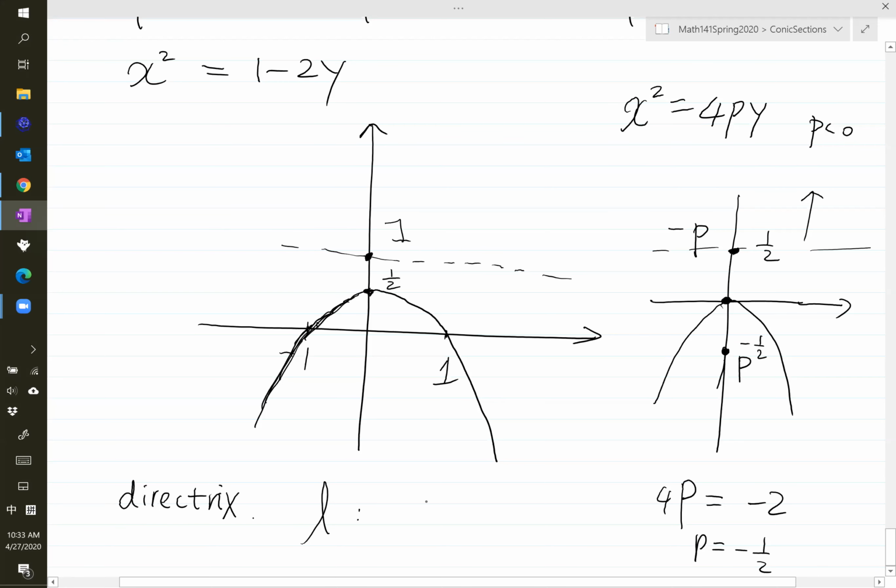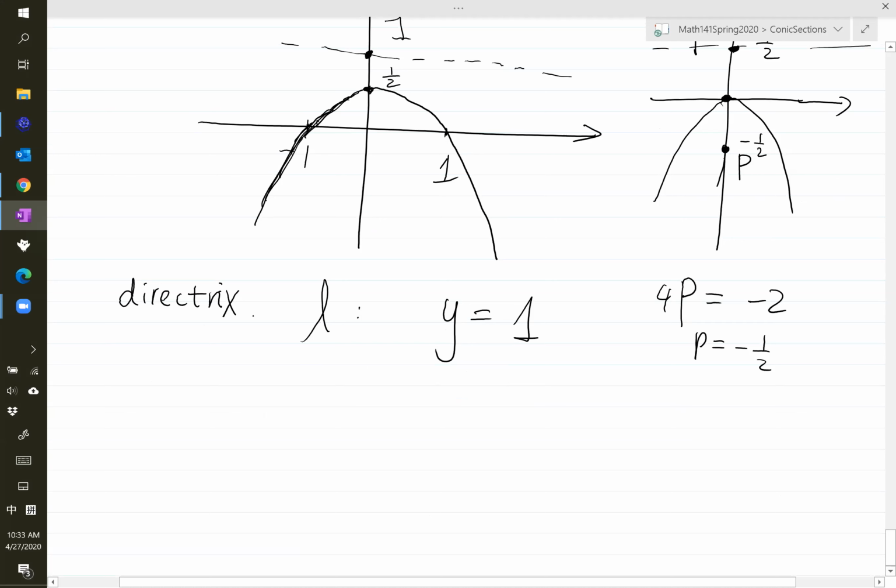The directrix has equation y equals 1, the height is 1. So we get the directrix and this conic curve. Okay, more examples.